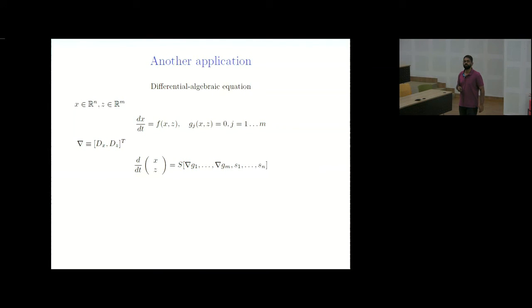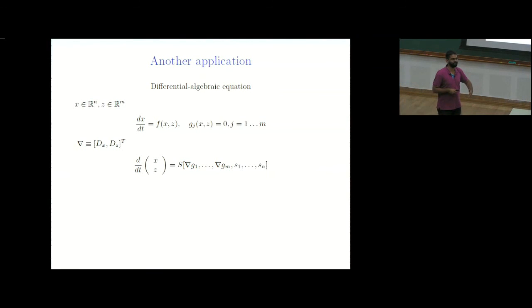So ideally, I would just like to have a single vector field that naturally has those constraints. So I want to embed these constraints into a new vector field for x and z, and I need to find out what S1 and S2 and all these additional columns are, such that this whole vector field is proportional to F.